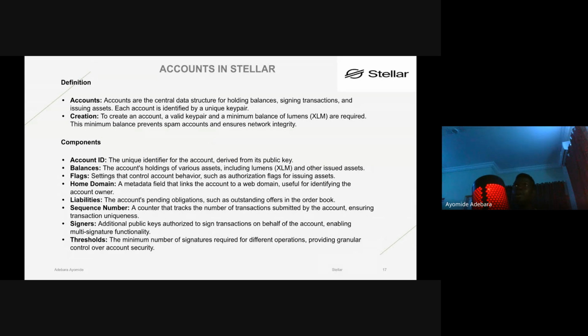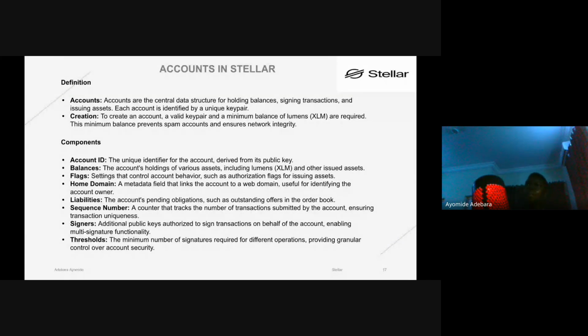It's a situation whereby just one person cannot send out money anyhow. At least a certain number of people can control that wallet together. If I'm a signatory to the transaction, you can think of it as a joint account in the normal financial world, whereby just one person cannot come and transfer money out of the account.